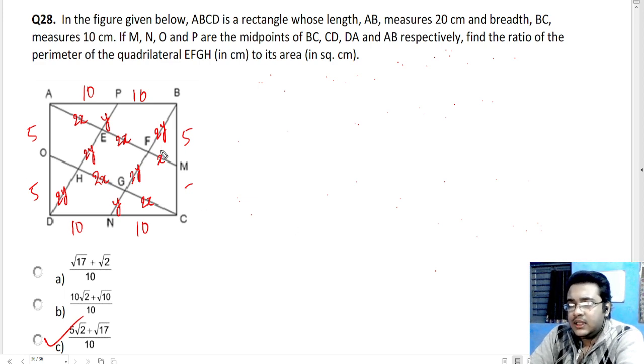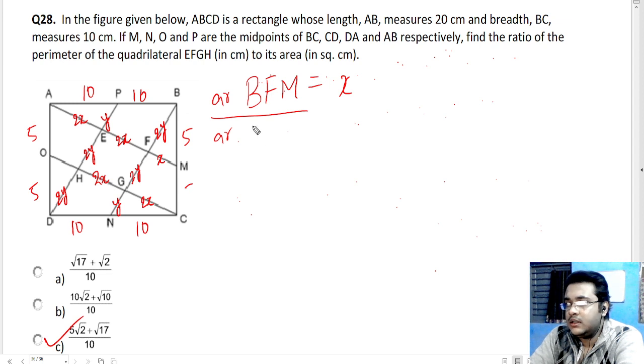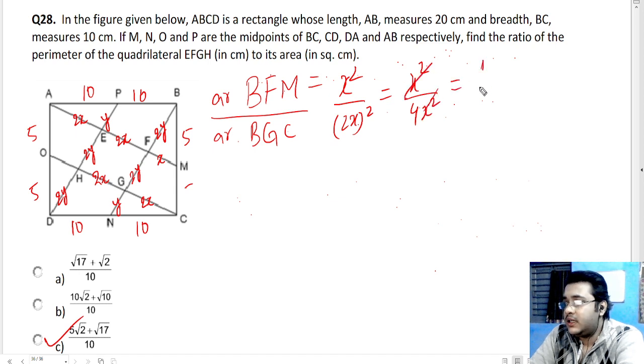I know that this BFM is x. So area of BFM by area of the triangle BGC will be x square by 2x square, x square by 4x square. That is 1 upon 4.